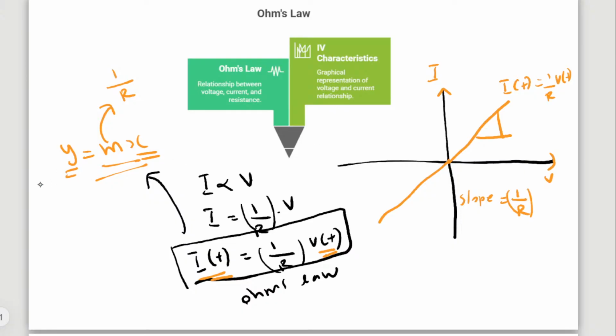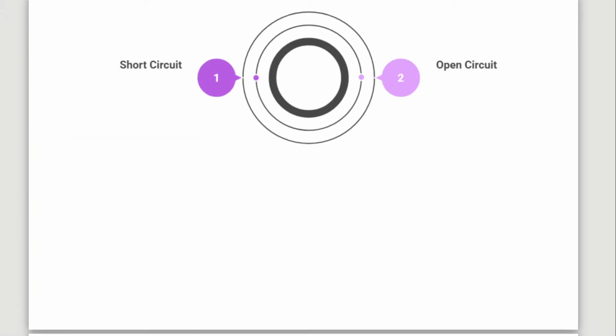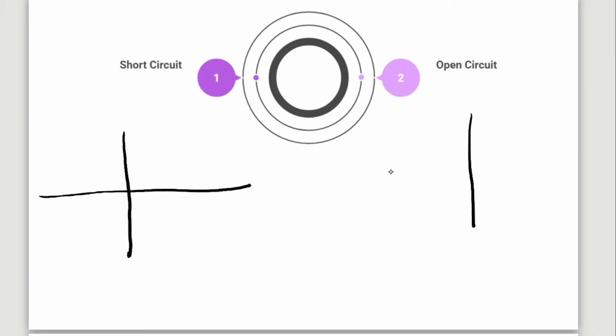Now, based on this Ohm's law, I will be discussing two conditions. This is very important: short circuit condition and open circuit condition. Based on the curve, I will be discussing both short circuit and open circuit here. So, what is short circuit? Let's consider a point A here and a point B here.